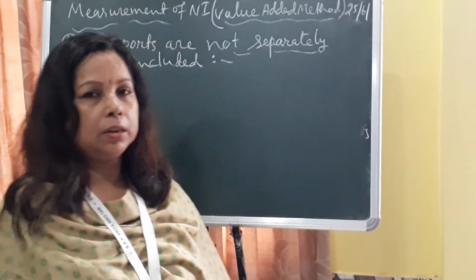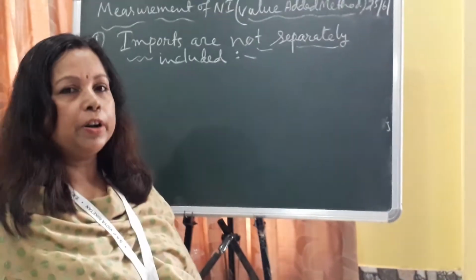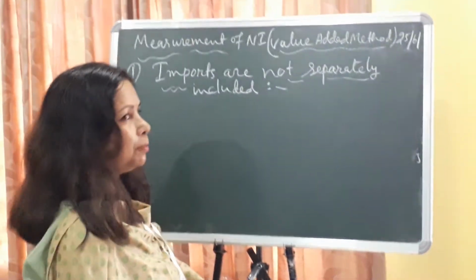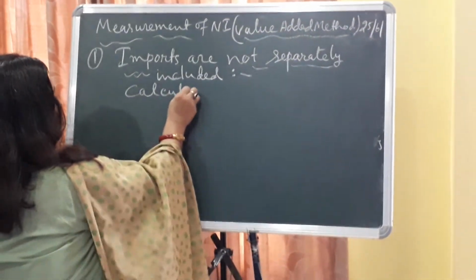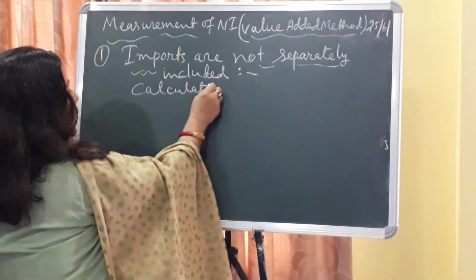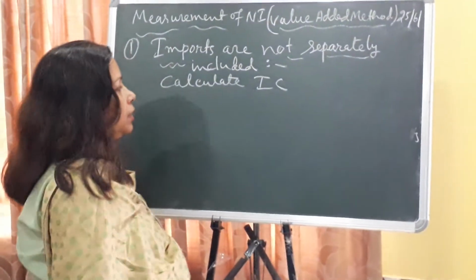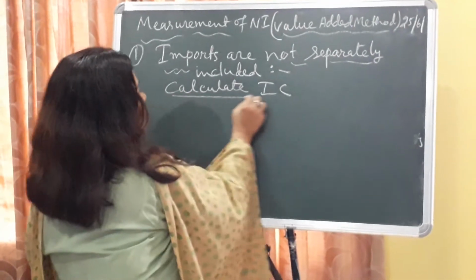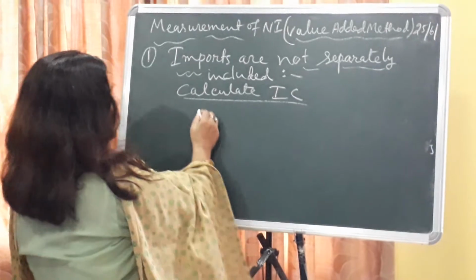So now I am writing a few lines here, so it will be clear for you to understand. Now calculate IC. IC means intermediate consumption.